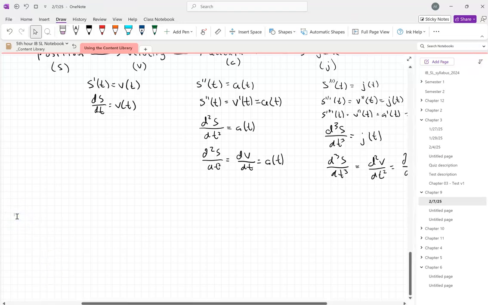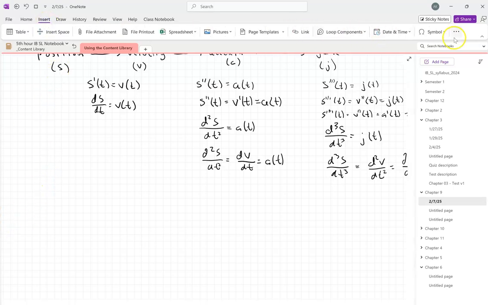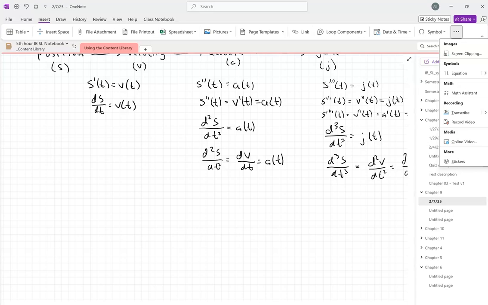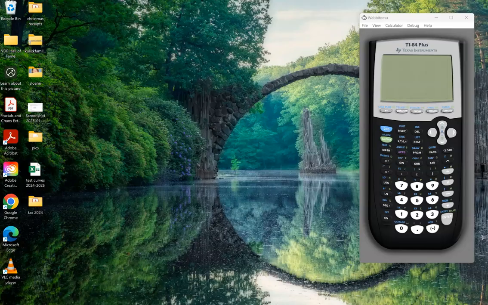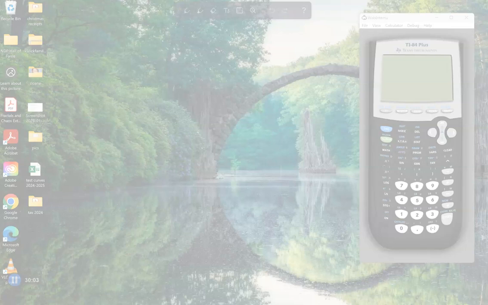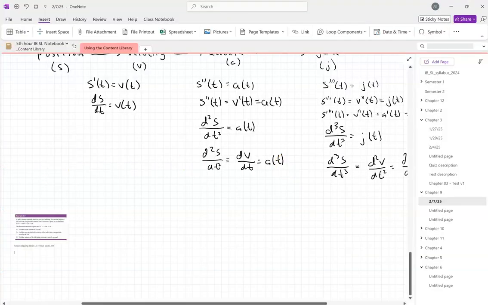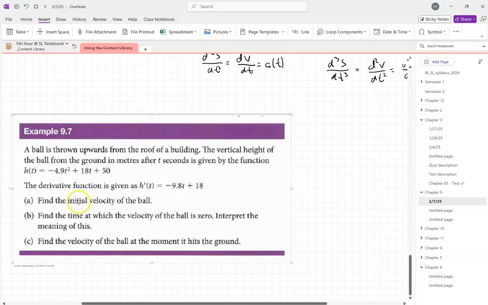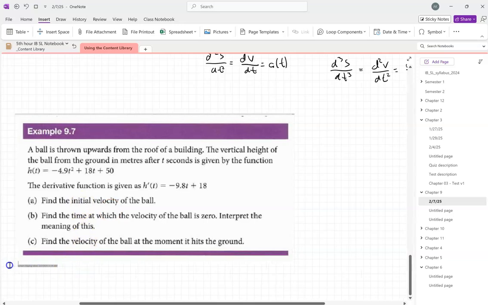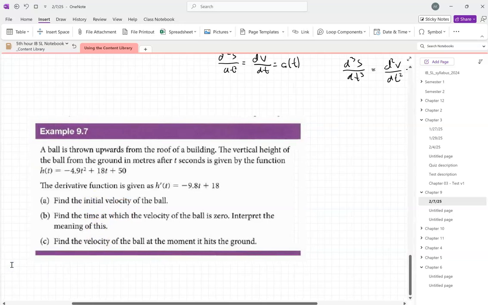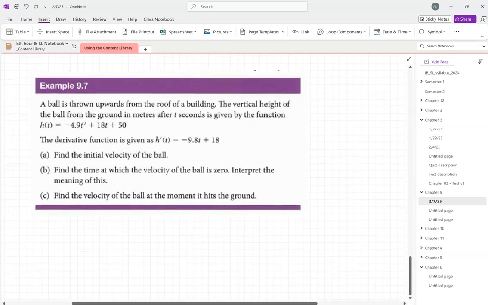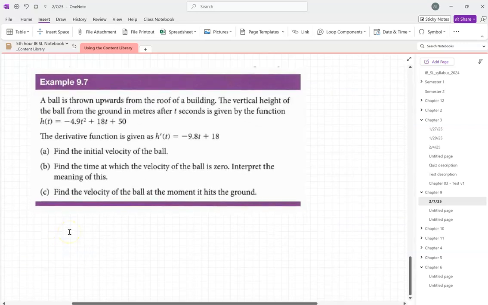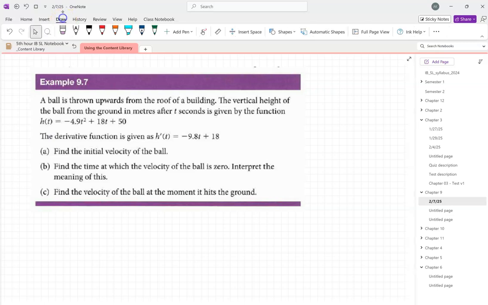So let's look at a little example here to practice using some of this notation. It says a ball is thrown upwards from the roof of a building.